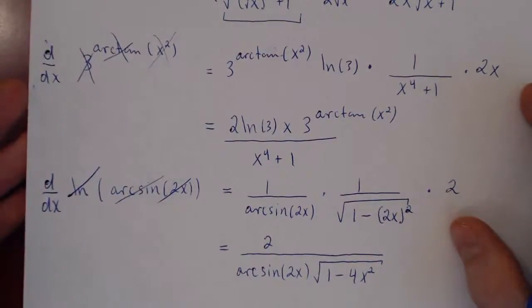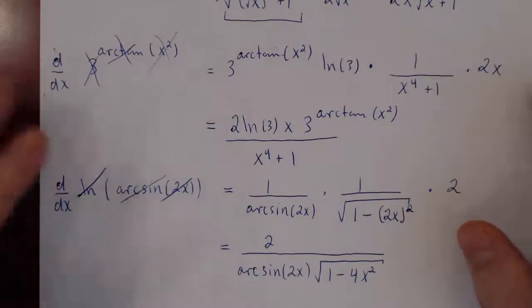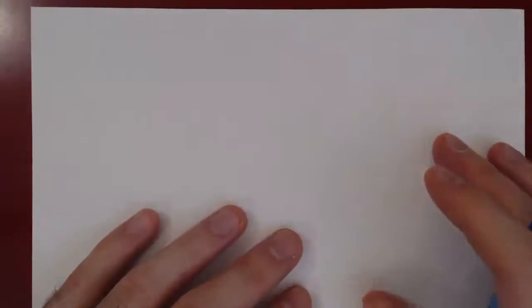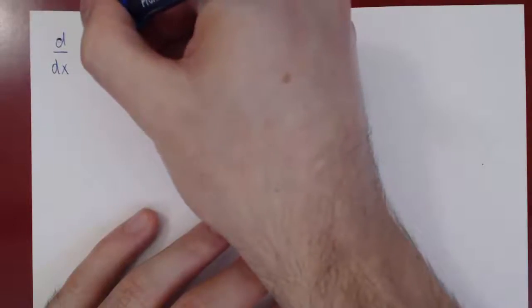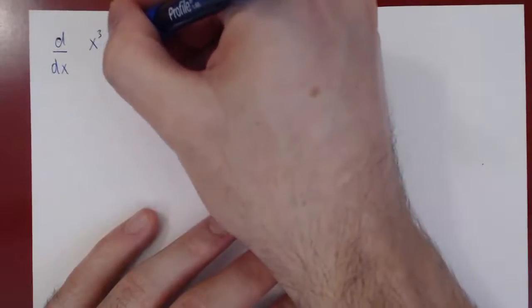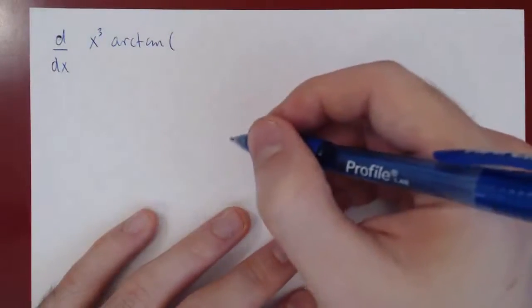Let's do one more example, or at least two more, where in one we have a product, and in the other we have a quotient of two functions. What if we asked for the derivative, say, of x cubed times arctangent of, say, x squared?